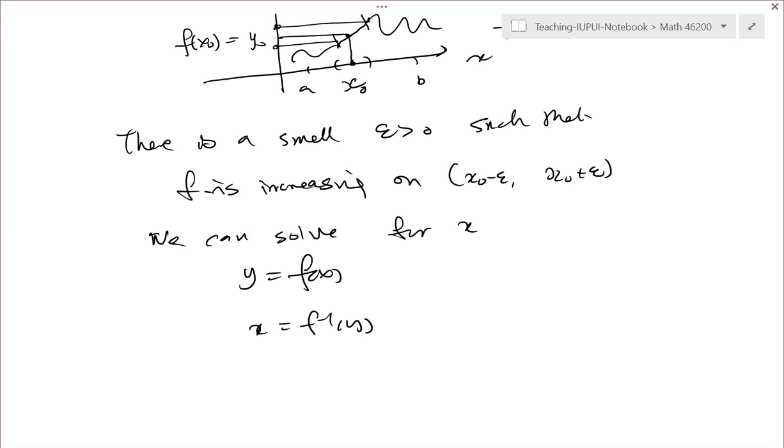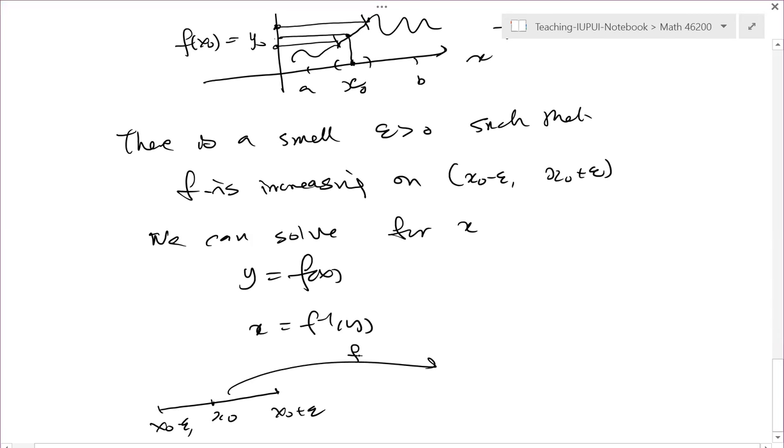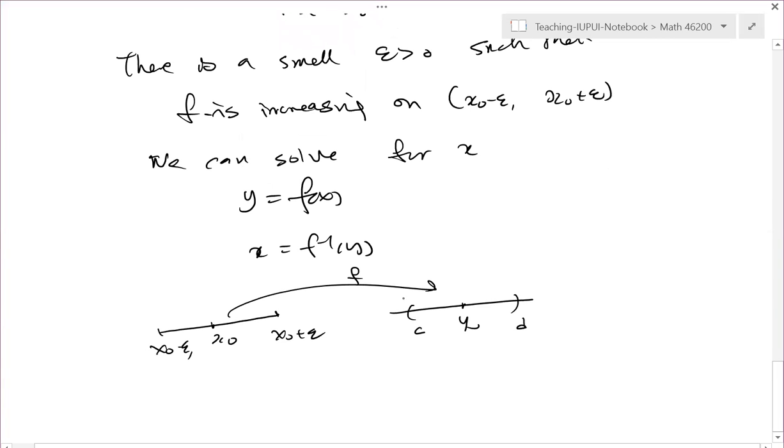Right, so you can solve, and if you want to draw the picture here, x naught minus delta, x naught plus delta. Consider this as a map, and this is an interval from C to D, for example. Then it's one-to-one, so you can always find the inverse.